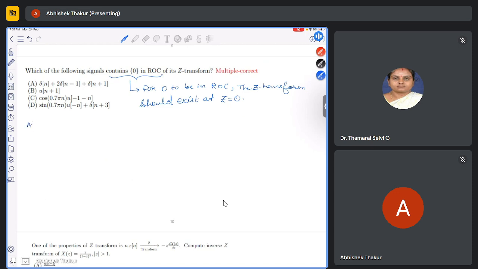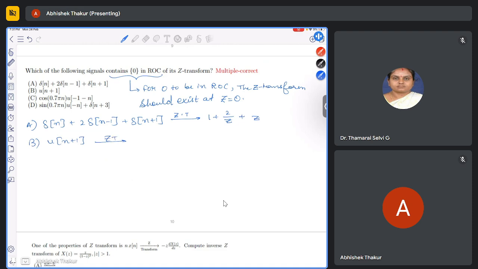So now coming to option A, that is delta[n] + 2 delta[n-1] + delta[n+1]. So the Z transform will be 1 + 2/z + z. Option B, u[n+1].